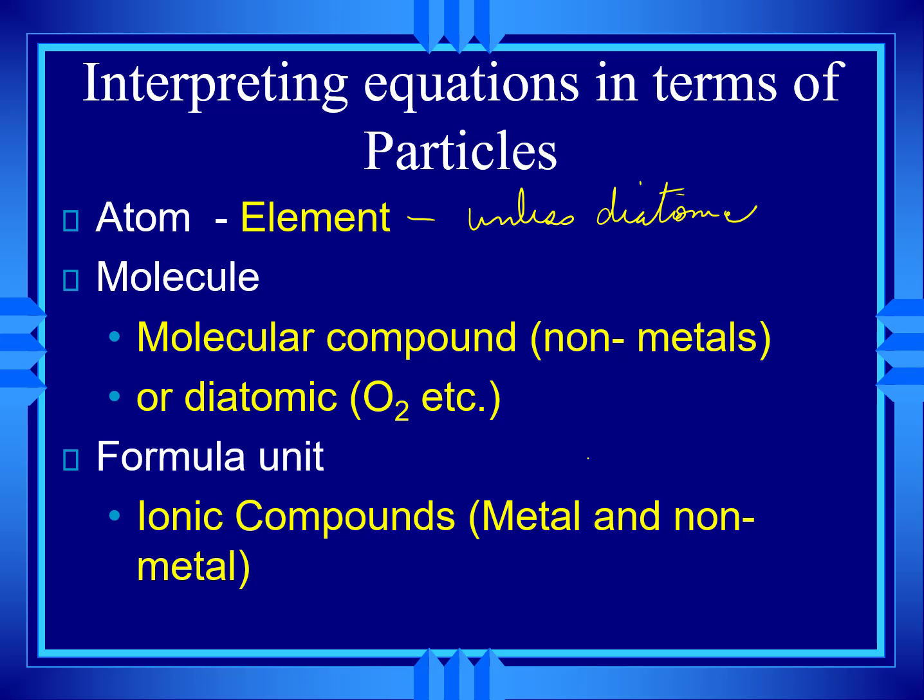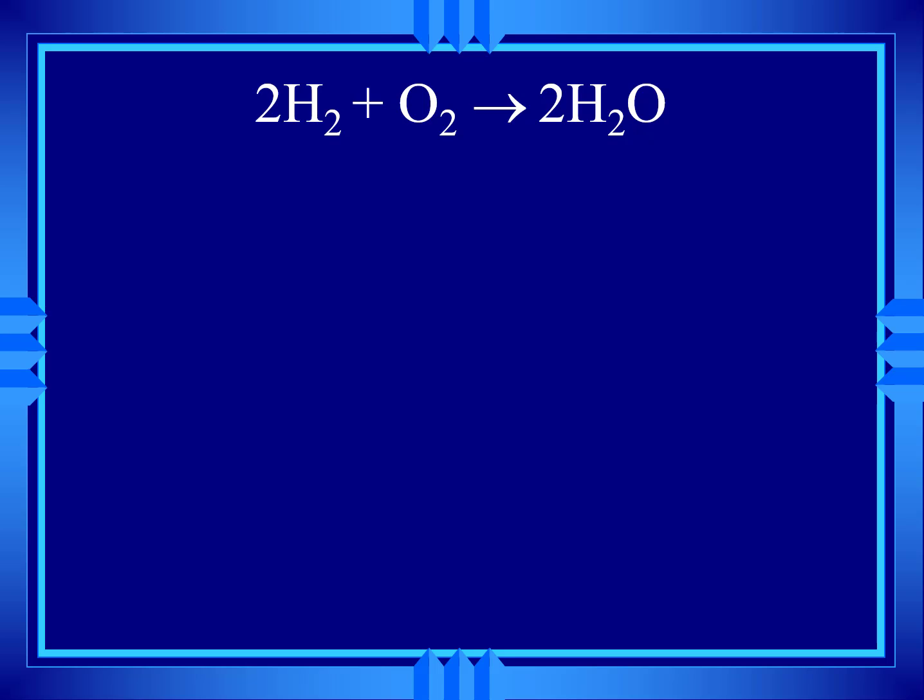All we have to know is what kind of piece it is to interpret it in terms of particles. So tonight's homework is going to have you pick the pieces. For example, if I want to interpret this equation in terms of molecules, there's a 2 there, and then it's H2. H2 is a diatomic element, so H2 is a molecule.